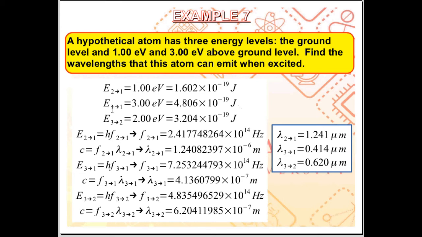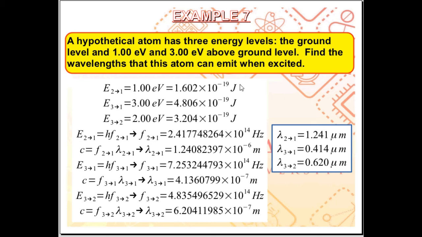Also, from the second excited state, the atom can transition to the first excited state. So E3 to 2 is equal to 2.00 electron volts, or 3.204 times 10 to the negative 19 joules.